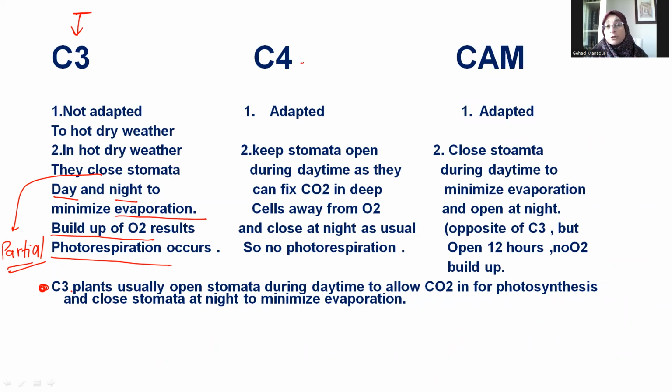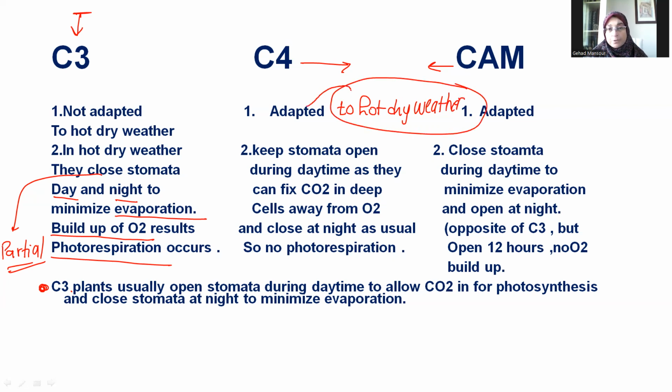And now we have two plants, C4 and CAM, that are adapted. Adapted to what? Adapted to hot, dry weather. And since they are adapted to hot, dry weather, there is no photosynthesis that occurs. How do C4 plants do this?